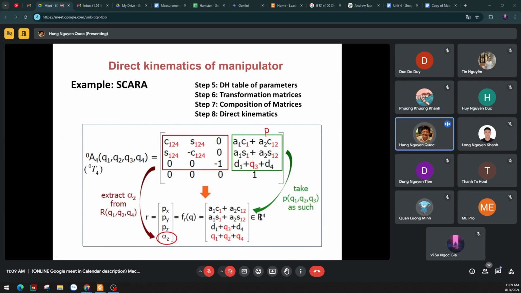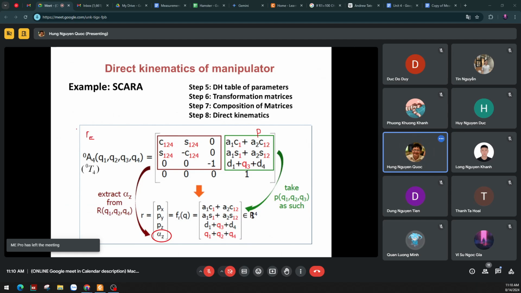You remember R of the endpoint, reference to the global, equals T global to E multiplied by RE, the RE on the end coordinate, or REN, just the n coordinate.